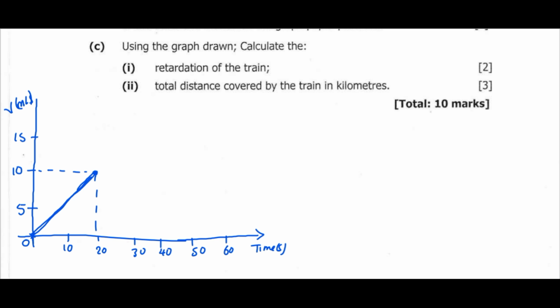Then it moved at constant velocity for 30 seconds, so we move from 20 to 50. We know that 20 plus 30 is 50. Then it came to rest in the last 10 seconds. So this is our graph here.